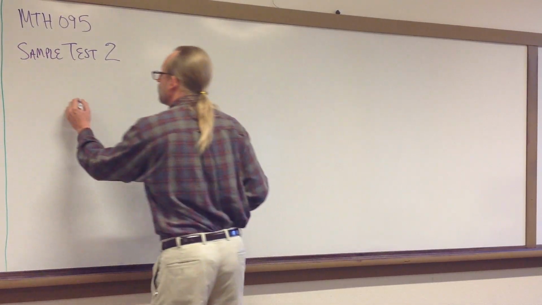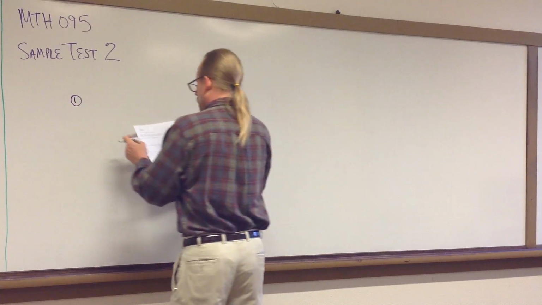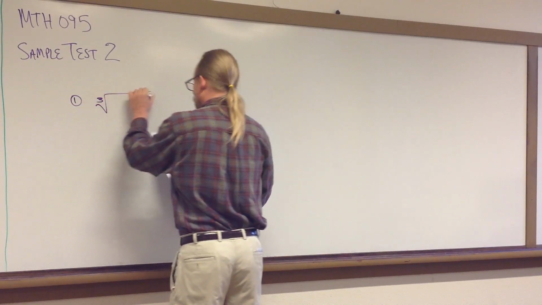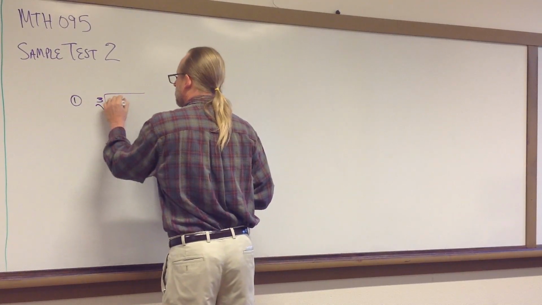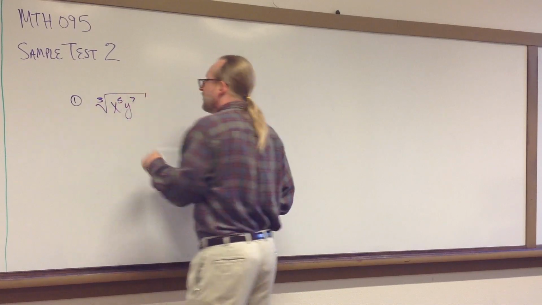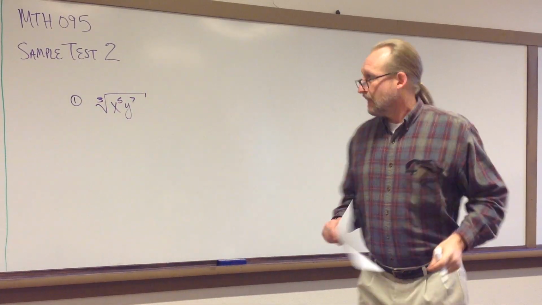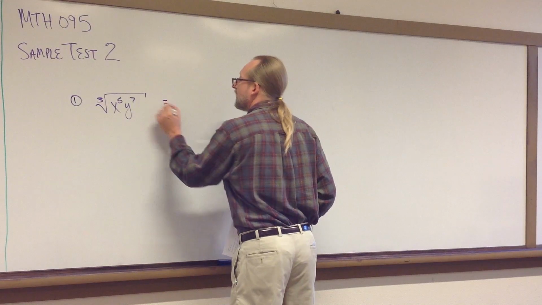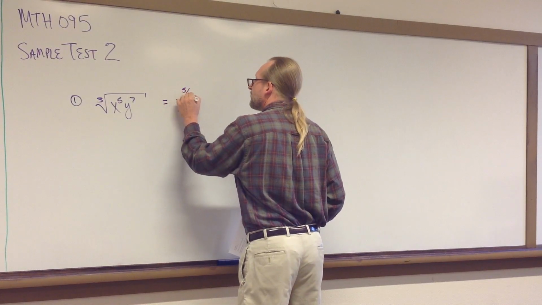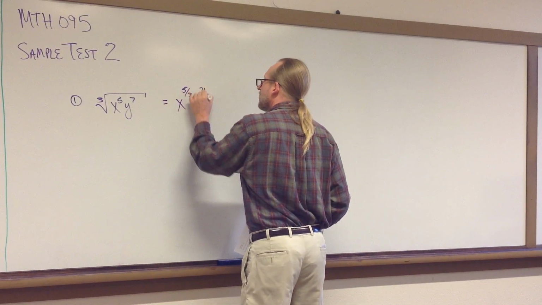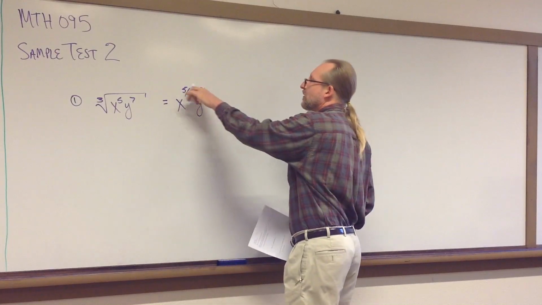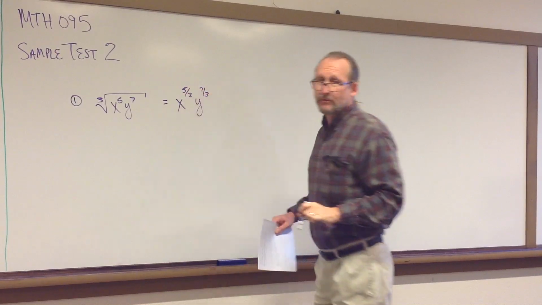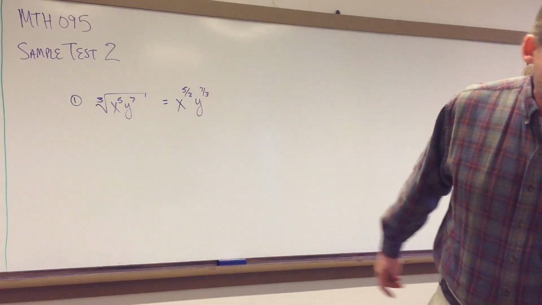Starting out with number 1, we want to write the cube root of x to the 5th, y to the 7th using exponents. And so we want to write this as x to the 5/3 and y to the 7/3. You've got the power on the top and the root on the bottom.